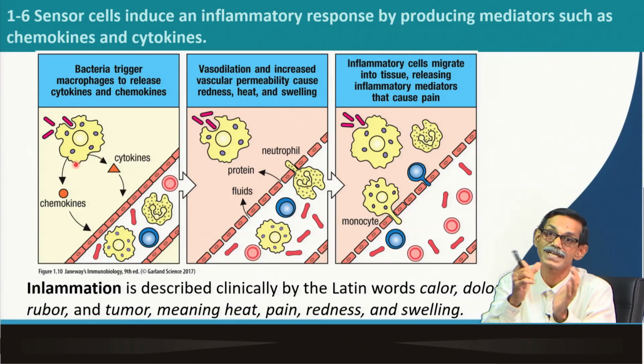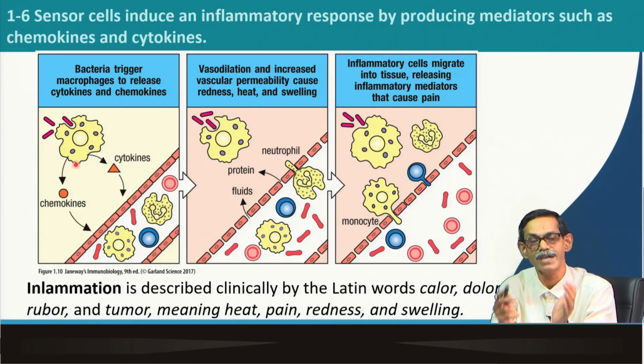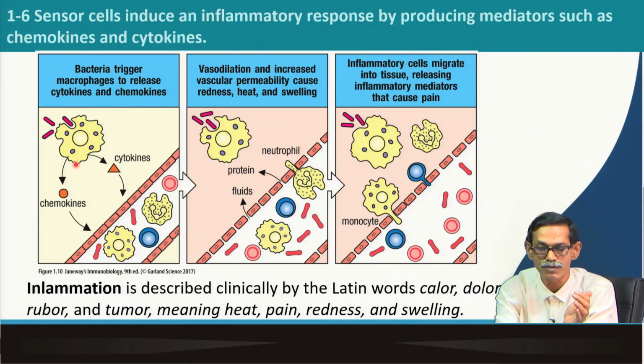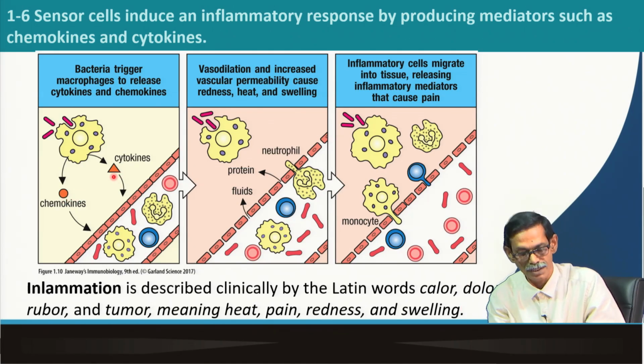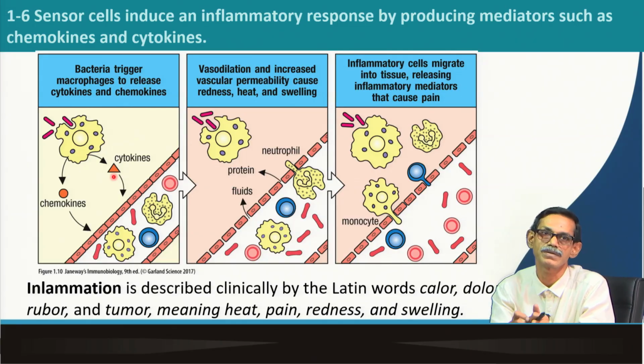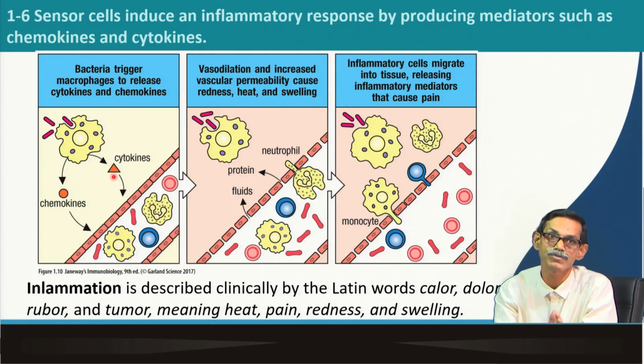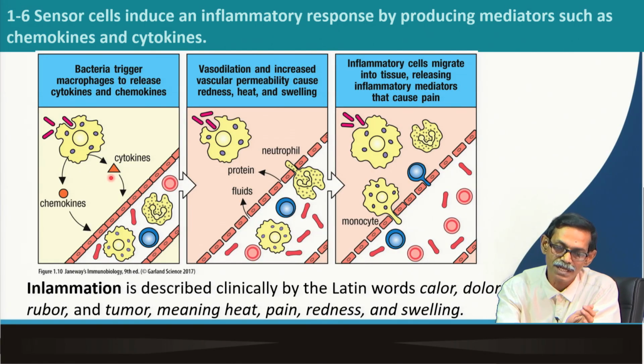After eating, they will be activated, and the activated macrophage will produce cytokines and chemokines. These cytokines and chemokines have different roles that you will gradually see in future classes, but for now, let us see what they are doing to the blood vessels.